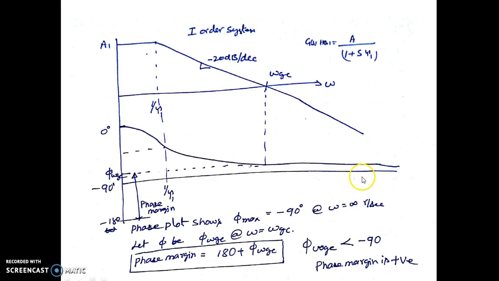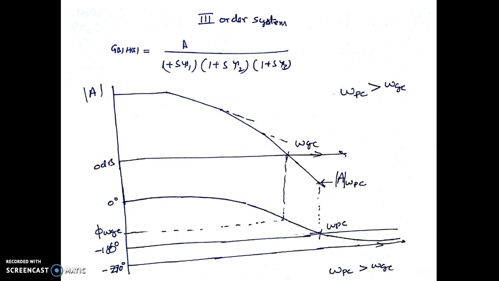In the first order system, minus 180 degrees was not at all being crossed because the maximum phase that we're going to get here is only minus 90 degrees. So only in case of a third order system we're going to have omega pc, that is the phase crossover frequency.